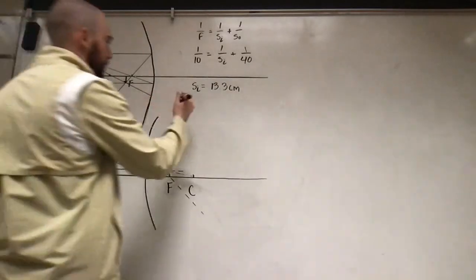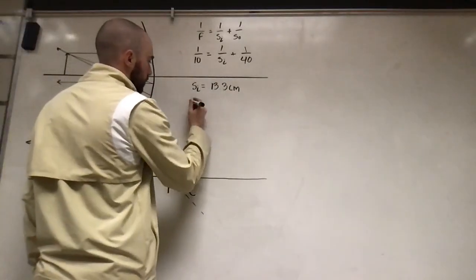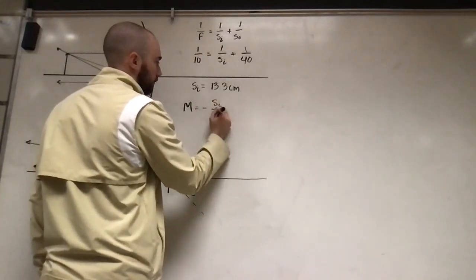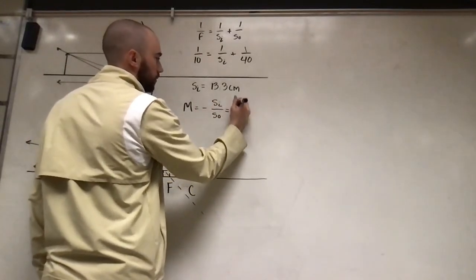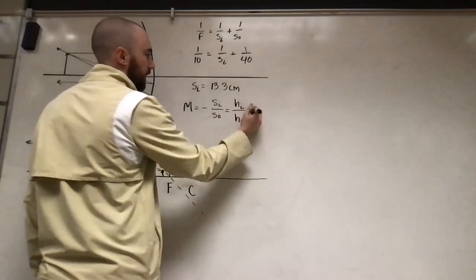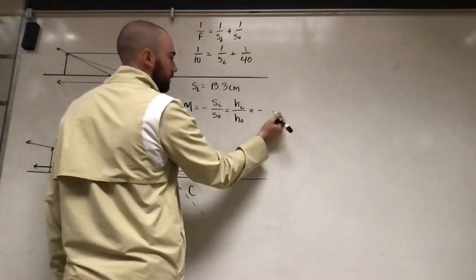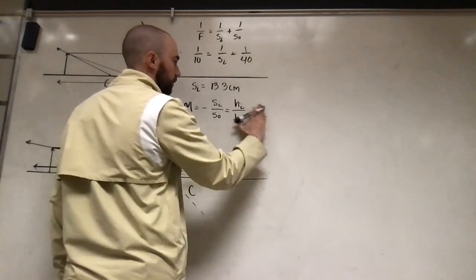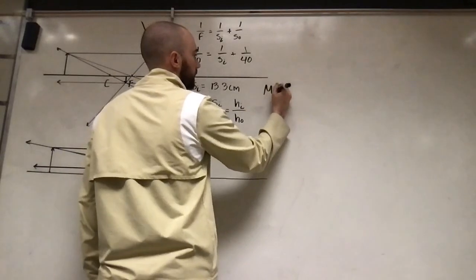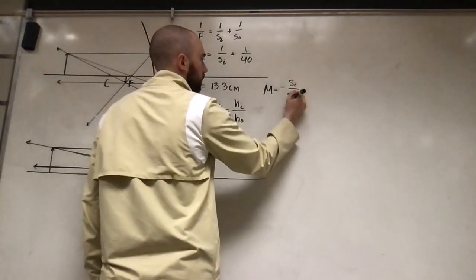Now for magnification and my object height. So magnification equals negative SI over SO, which is equal to HI over HO. Here I'll do it in a separate line. Magnification equals minus SI over SO.